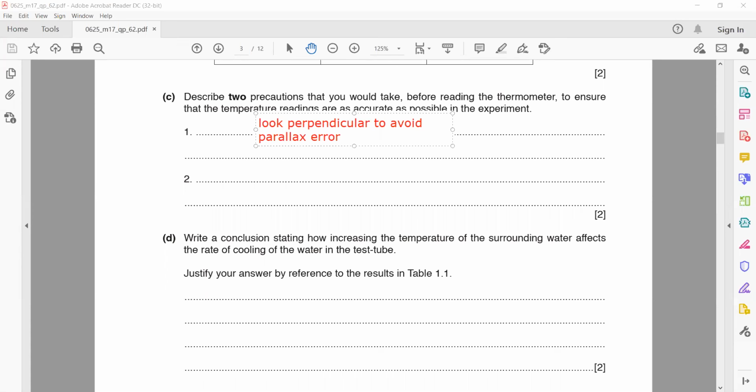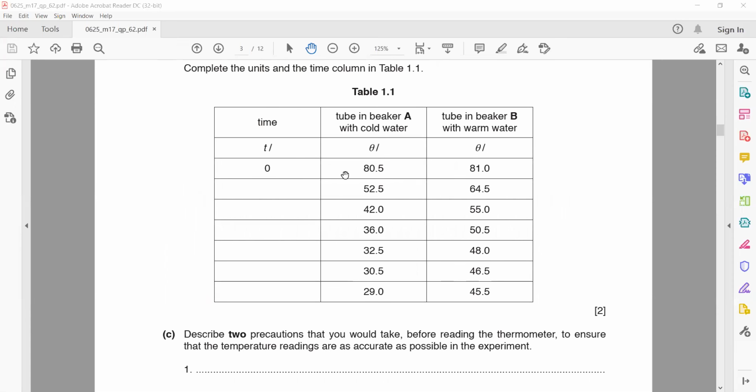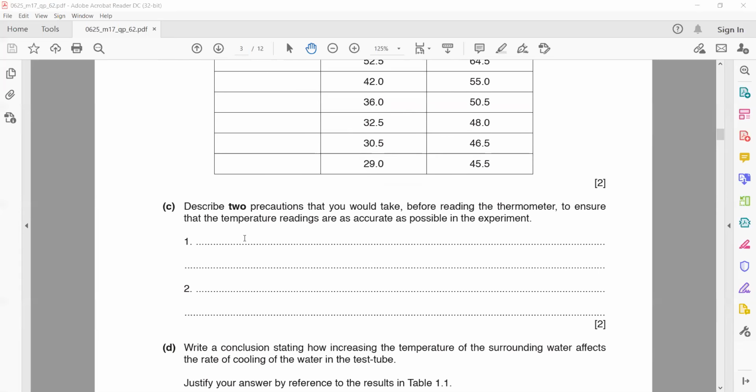And if you are measuring the temperature and the time together, as we had seen in the table, we are measuring the time first and then the temperature. So the two instruments should be placed next to each other. So what precautions should we take? We should look perpendicular to avoid a parallax error.